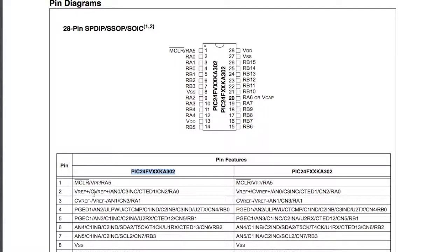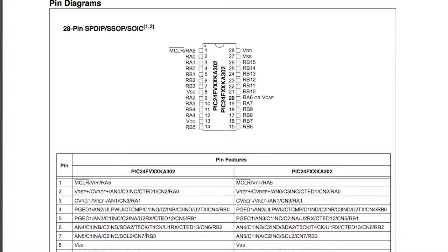They have shared functionality. So this first pin, pin 1, is the master clear, and that will reset your PIC. But it's also shared with VPP, which is the programmer pin, which is where the executable or hex file gets downloaded into the PIC. And then it's also shared with RA5. So as a result of that, we actually don't even use RA5.